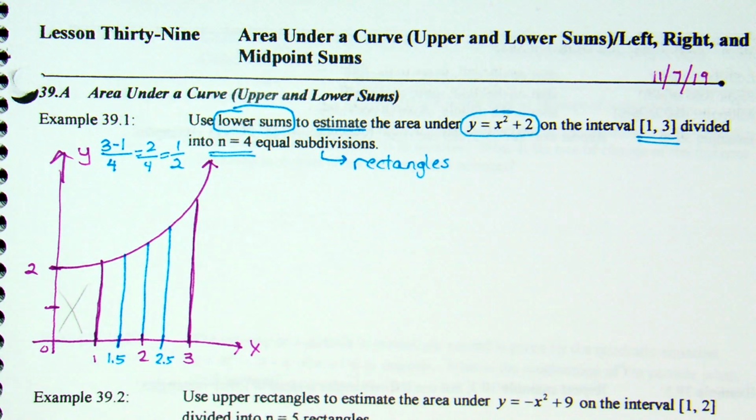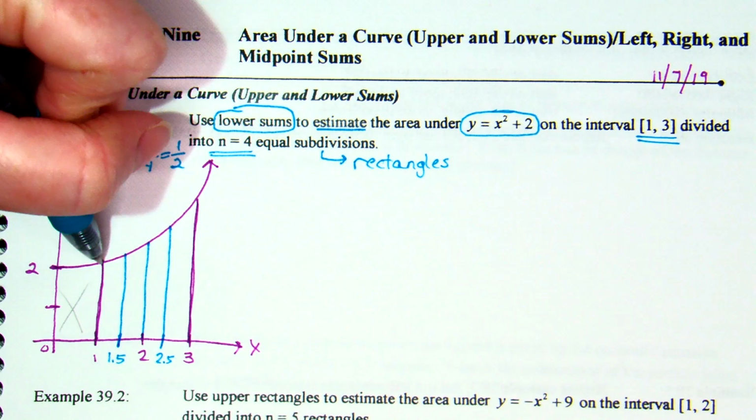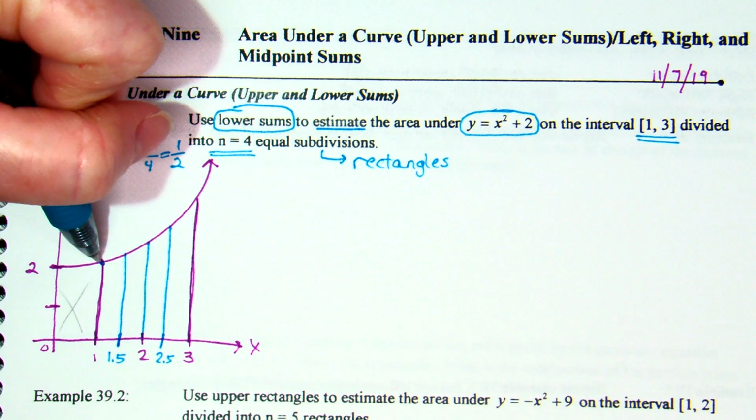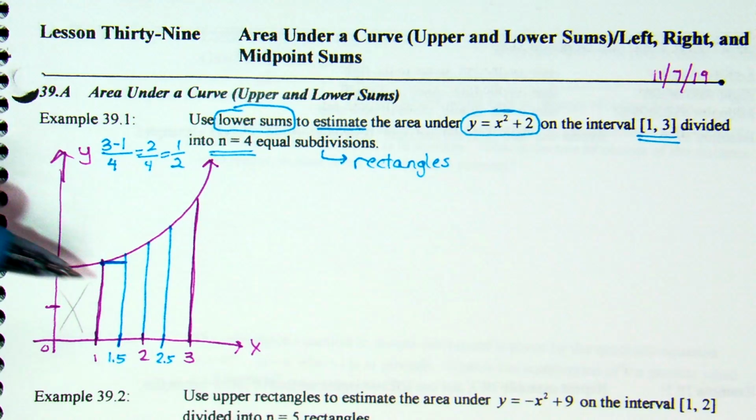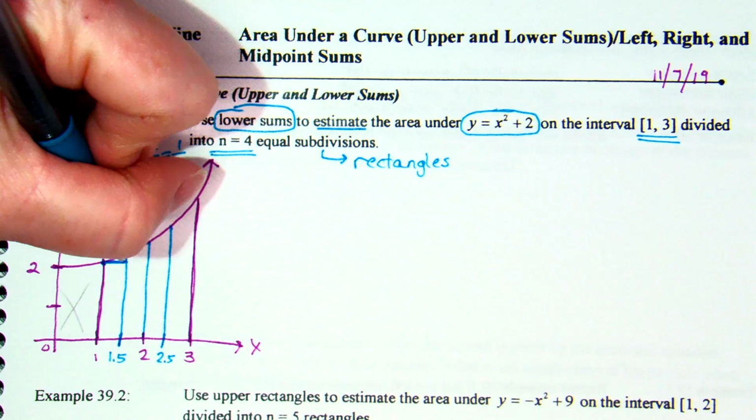So lower sums means that my rectangles are below the curve. And when we draw these rectangles, one corner of the rectangle is always on the curve. So lower sums means, for instance, I'm going to draw the top of a rectangle there. It happens to be going from the left side.